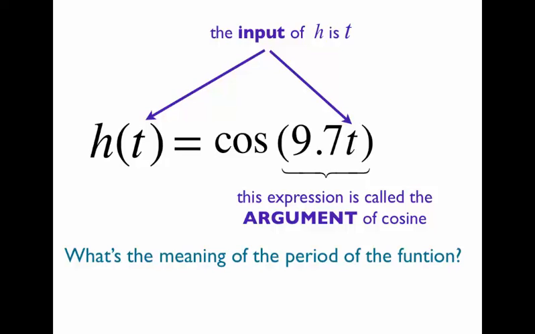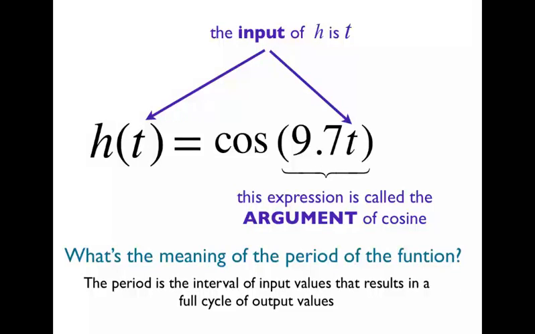Is it something about the input or something about the argument? What is period? Period is the interval of input that gives us a full cycle of output values.